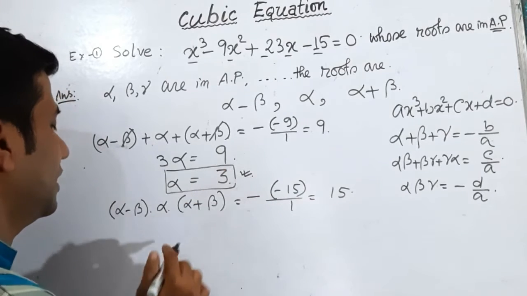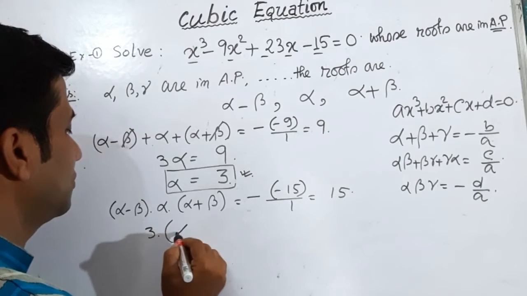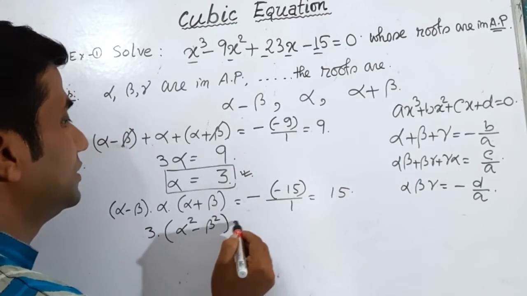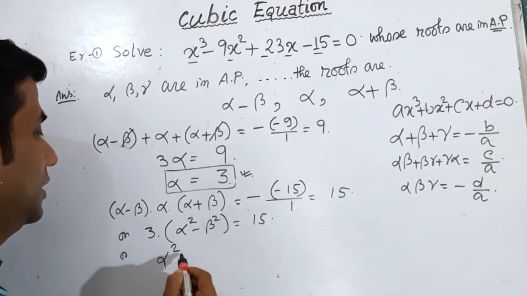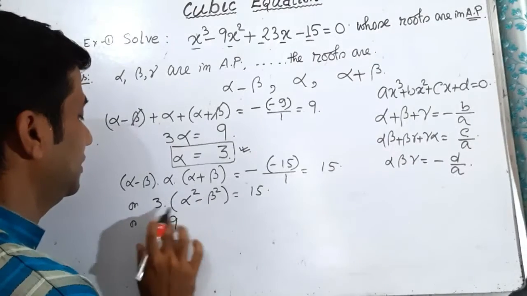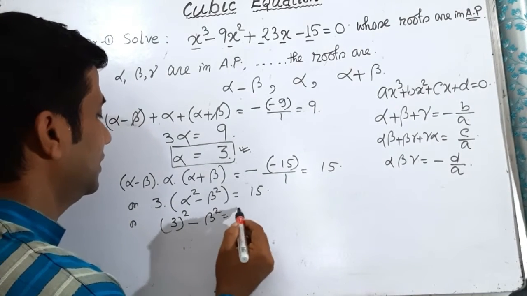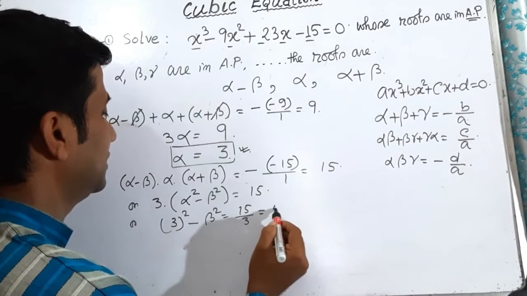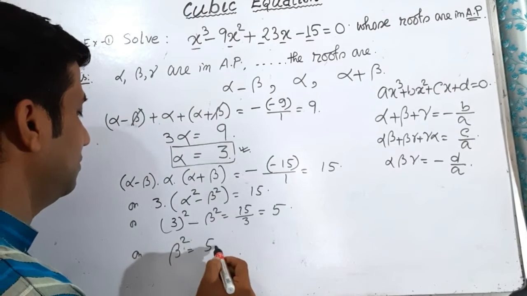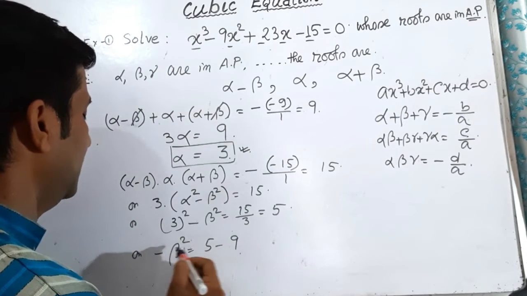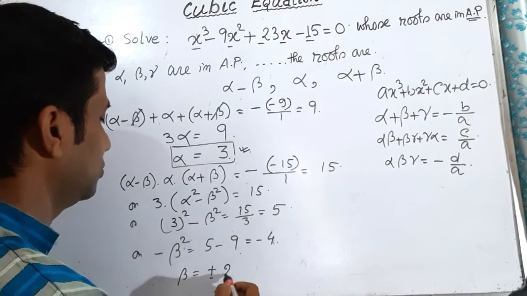And here it is given that alpha is equal to 3, then alpha(alpha² - beta²) is equal to 15, or 3² - beta² is equal to 15/3, this is equal to 5, or beta² is equal to 9 - 5, that is 4, or beta is equal to plus or minus 2.